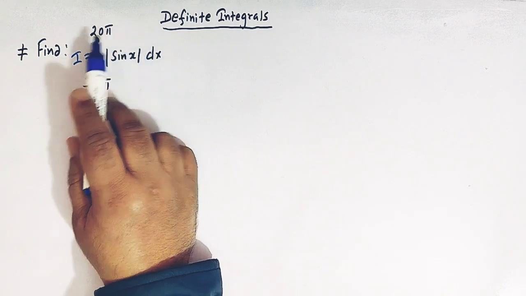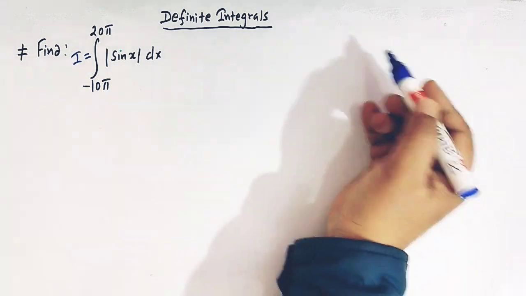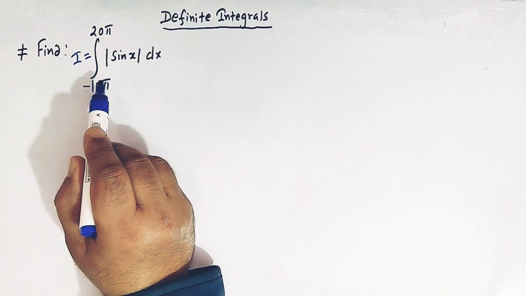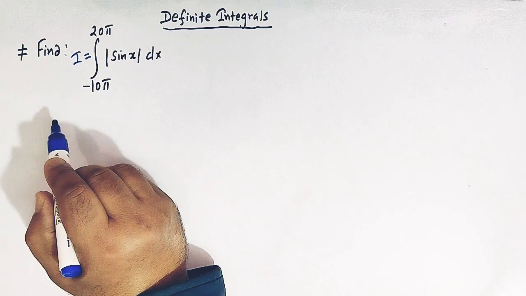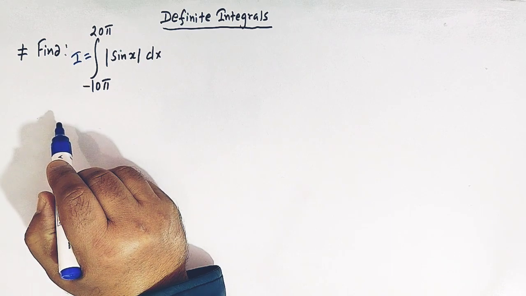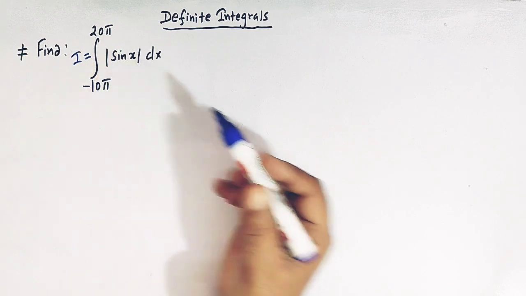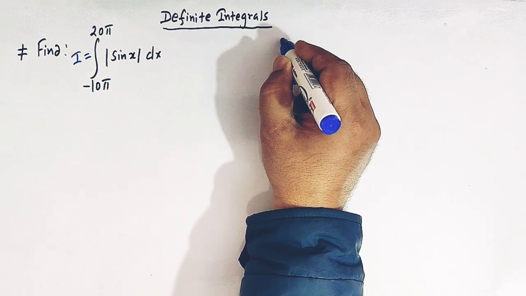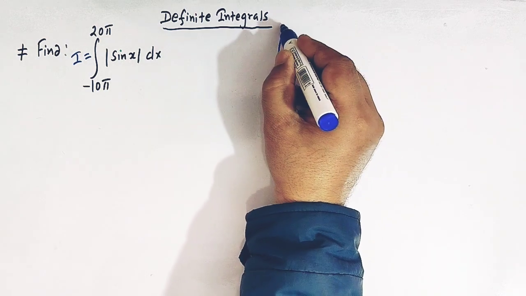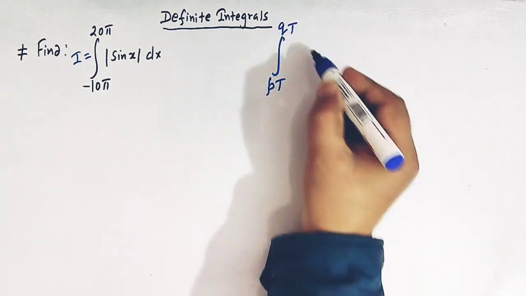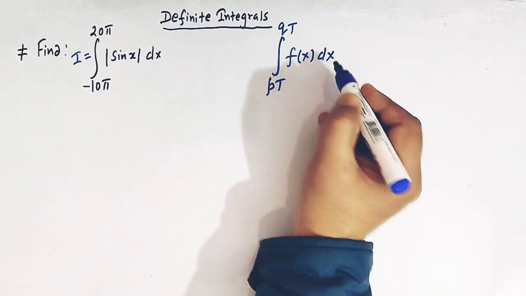Now to evaluate this integral, we'll take the help of the concept of periodic functions, and we'll use one important property of definite integrals involving periodic functions. Let us first see an integral of this type: suppose here we have p times T and here we have q times T, and here we have some function f of x which is periodic.